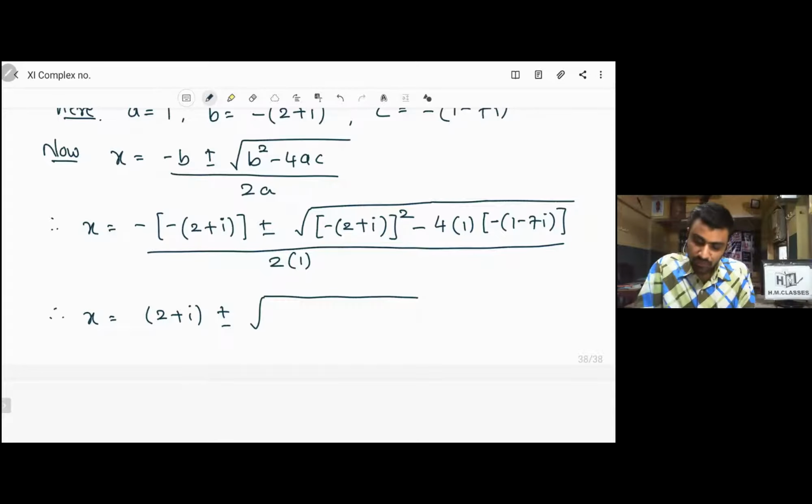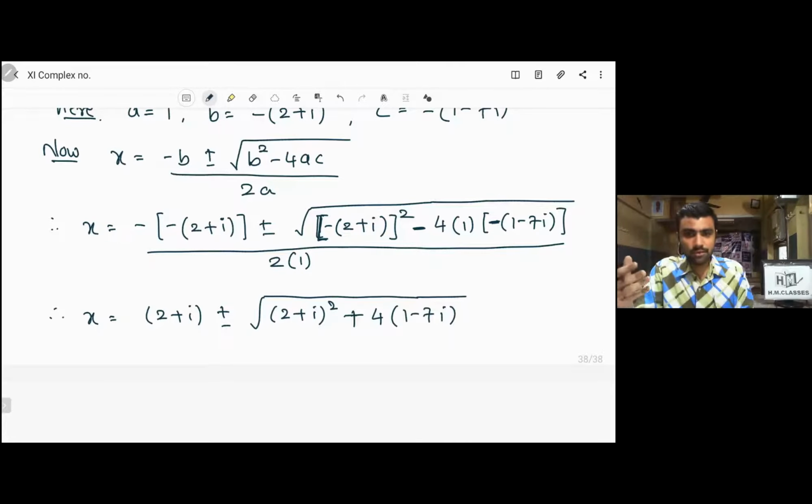The whole bracket has a whole square, so the minus term inside it, being in a bracket, when squared becomes plus, and that is just (2 plus i) whole square. It will remain minus 4 into 1, that is going to be 4, but into minus inside the bracket, so this minus along with the minus term is going to be plus, and that is nothing but I can write 4 into (1 minus 7i).